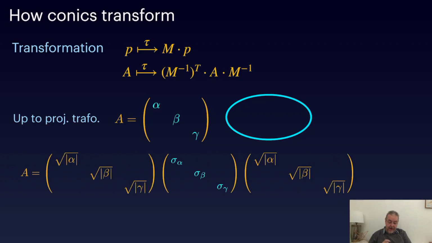We again apply a projective transformation, and we can rewrite A by multiplying with those matrices here that allow us to change the numbers on the diagonal to entries which are only -1, 0 or +1.